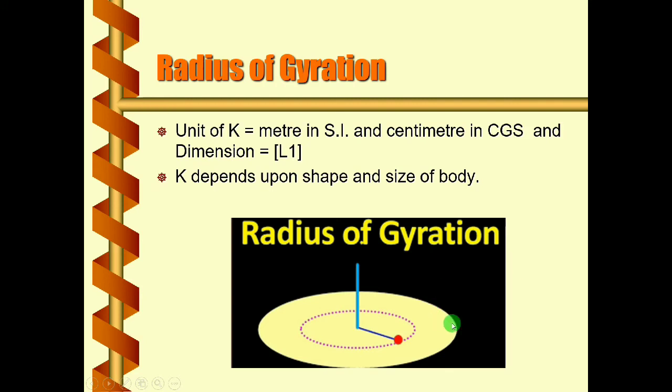I replace this disc by a point mass having the same mass as the disc, so this point mass will have mass capital M. Suppose I want to maintain the moment of inertia the same, that is capital I, as that of the disc. What I have to do is maintain the distance between the axis of rotation and this point mass, so that this I value, the product of mass and the square of the distance from the axis of rotation, will remain the same as that of the disc.